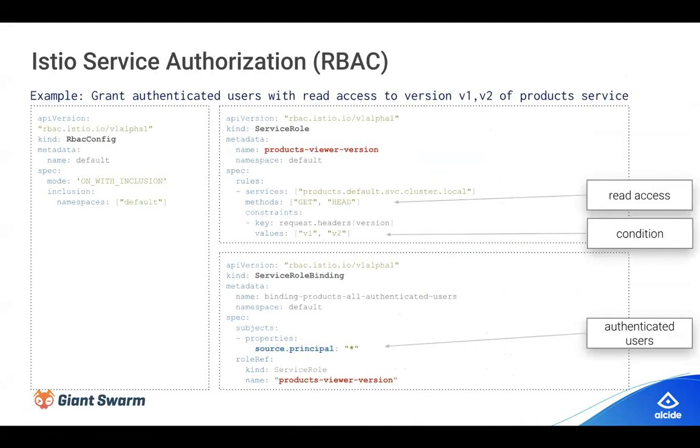When it comes to service-to-service authorization, some of you who know Kubernetes know that Kubernetes itself has an RBAC implementation of which services can interact with the API server of Kubernetes itself.